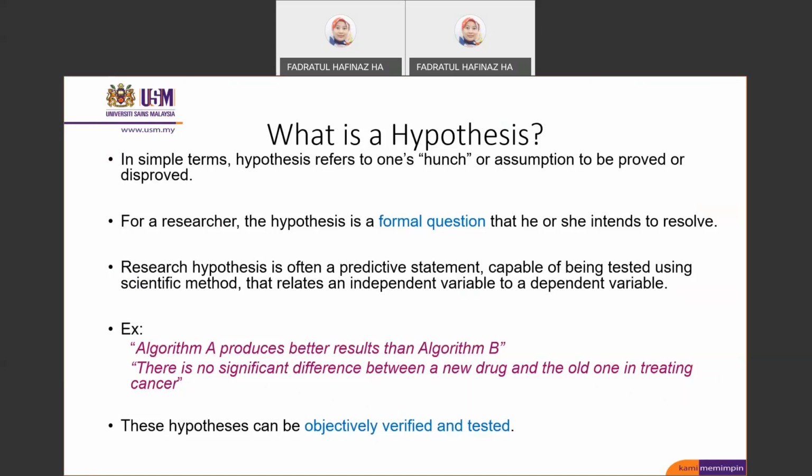What is the main role of hypothesis in the scientific research that we do? The hypothesis is an important instrument in scientific research. In fact, many experiments are designed specifically to test one or more hypotheses.